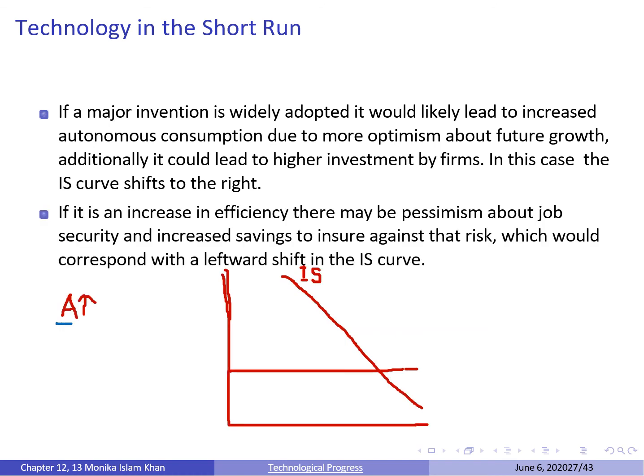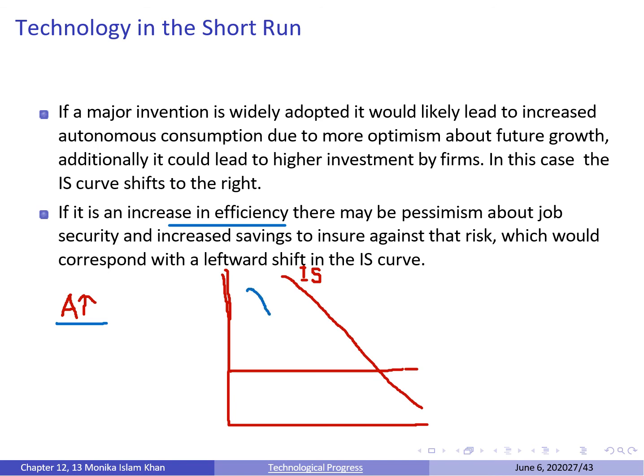But if the increase in current state of technology is due to an increase in efficiency in the production process, one that reduces the need for as many workers in the production process, there may be pessimism about job security. This may lead to decreased consumption and increased savings to insure against that risk, which would correspond to a leftward shift of the IS curve.